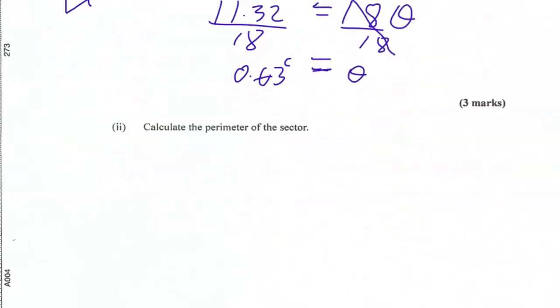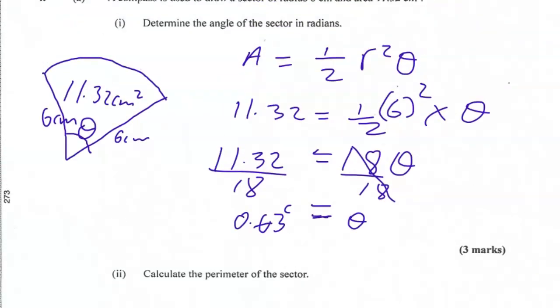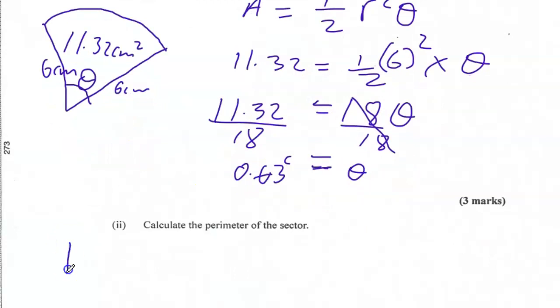Calculate the perimeter of the sector. So the perimeter, again, is the distance around, so the perimeter of the sector, P, would be equal to this radius, that's 6, plus this part, that's 6, plus the perimeter of the arc, the distance there, and that's given by r theta.